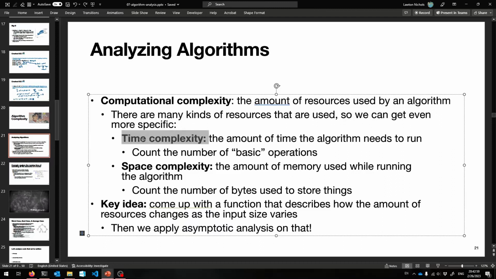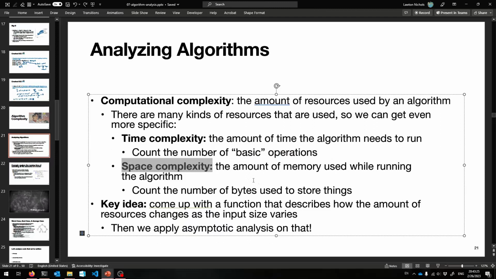We have time complexity. We say that that is the amount of time that a program needs to run, an algorithm needs to run. And instead of using a stopwatch, we make a mathematical function that specifies how many basic CPU operations, essentially, the program's going to take. I call those basic operations. And for space complexity, that's another kind of computational complexity analysis.